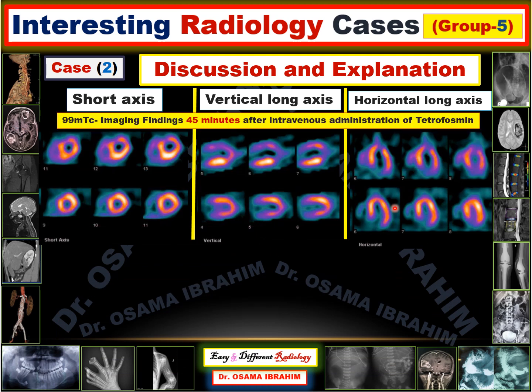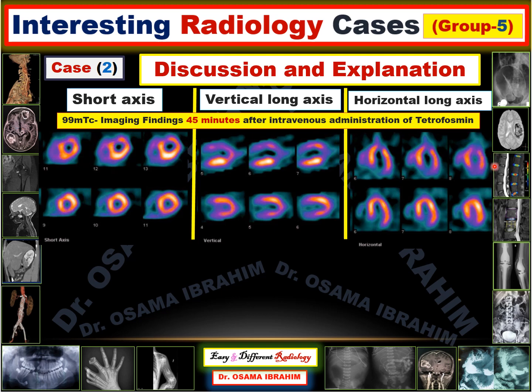What about the tracer? The tracer used here is called technetium 99m tetrofosmin. This tetrofosmin can be given for the stress image as the first row.